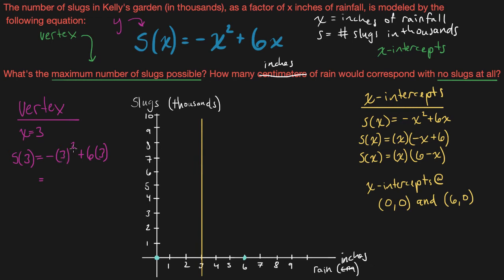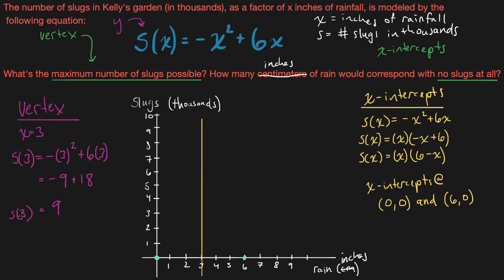So 3 squared is 9, and we have the negative sign up front, so we have negative 9. And we're adding to that 6 times 3. So 6 times 3 is 18. And so negative 9 plus 18, it's like we're starting at negative 9 on the number line, and then we're moving to the right 18, becoming 18 more positive, and so that's going to give me 9. So again, s of 3 is equal to 9.